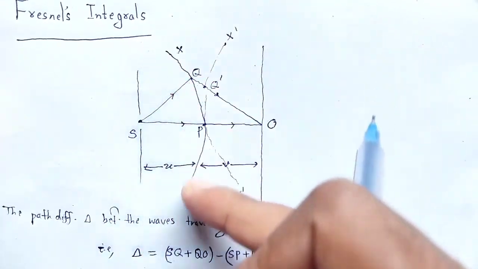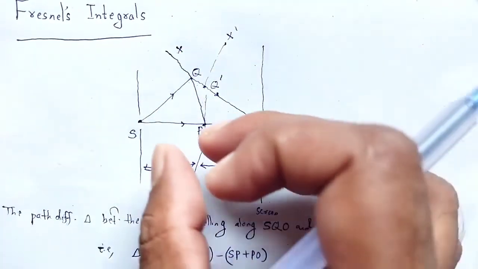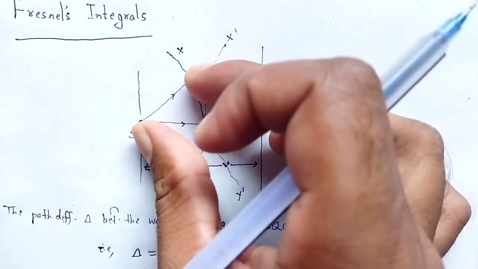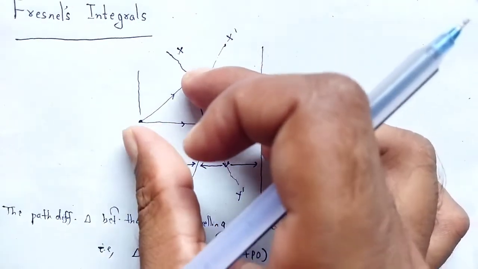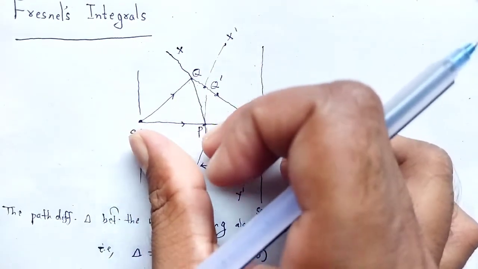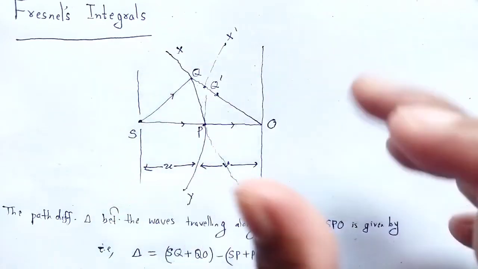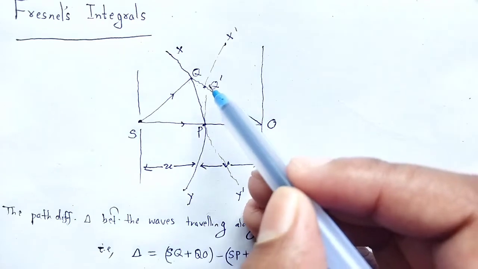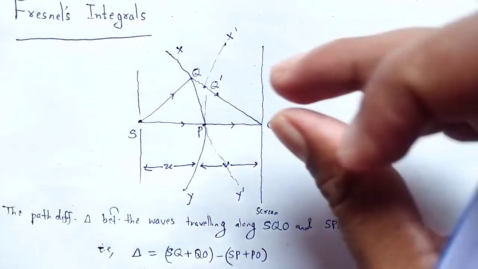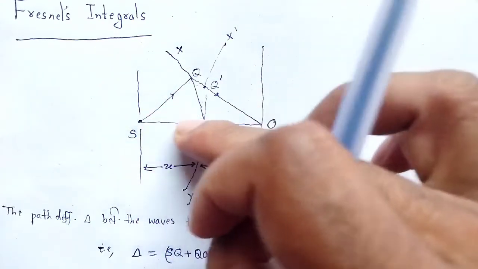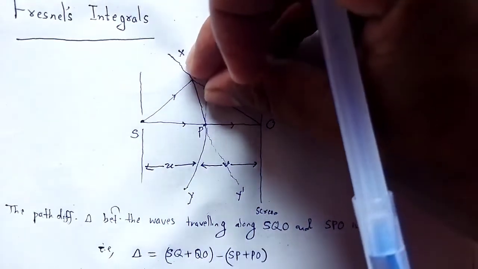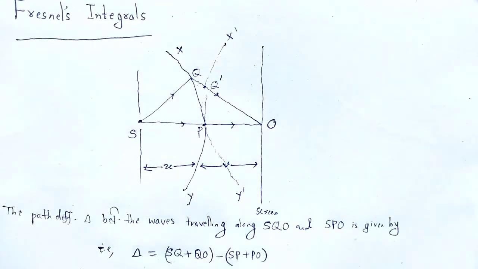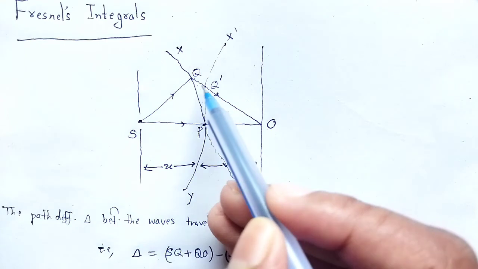Since XY is a spherical wavefront, SP is equal to SQ, as both are the radius of that sphere. In that case, the path difference between these two will be QQ dash, as shown in the figure.